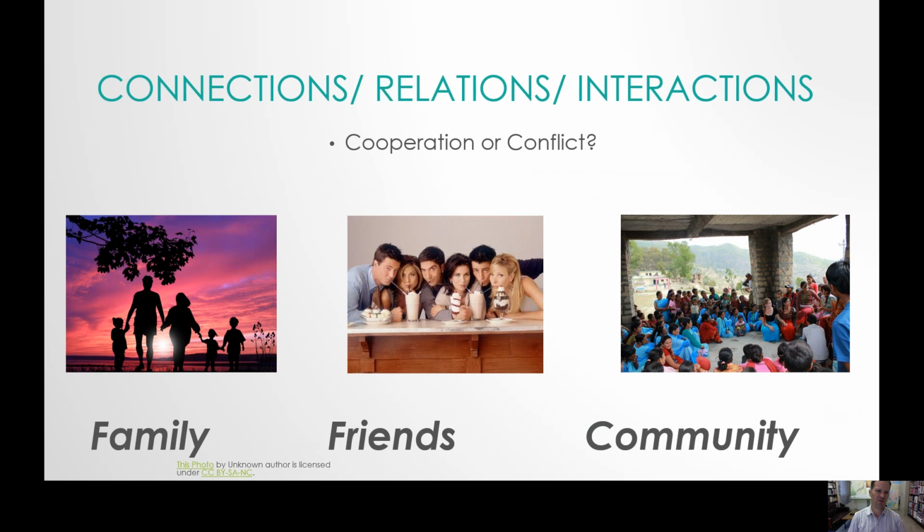So if we go back to the types of relations, the connections or the interactions, then we could think in our own lives about these kind of family relations or friends relations or relations in the community. And are these cooperation or conflict? Well, of course, they're mostly cooperation. Conflict does happen, but conflict is quite rare.